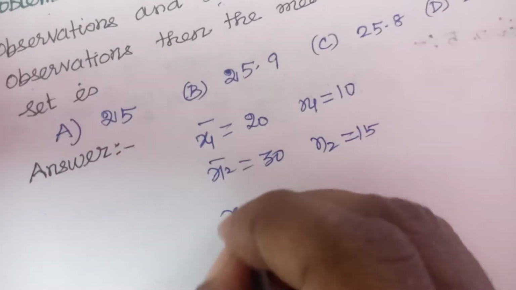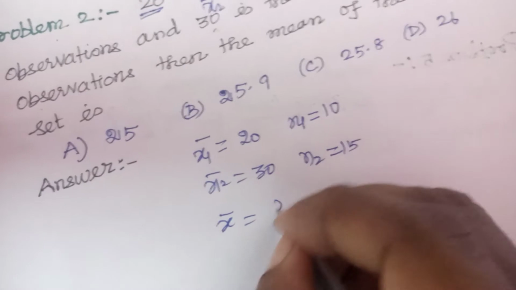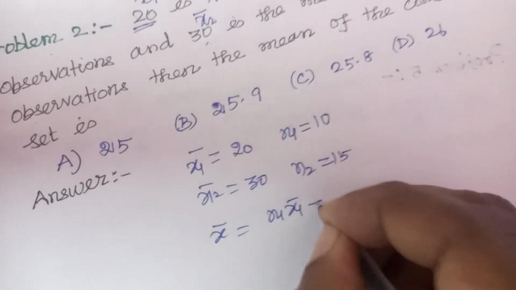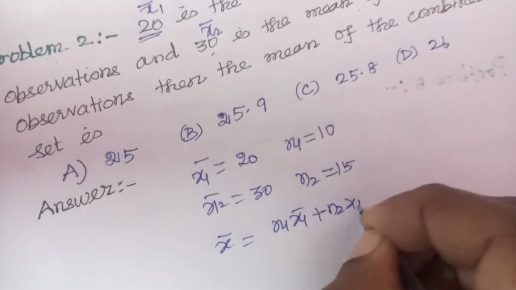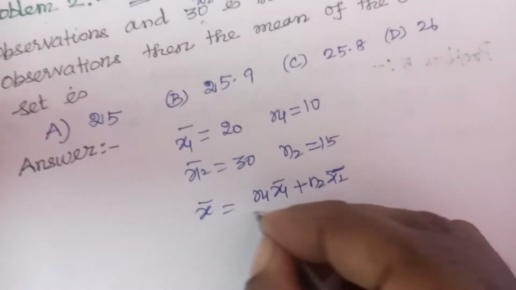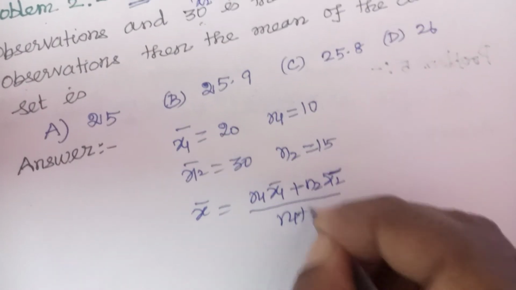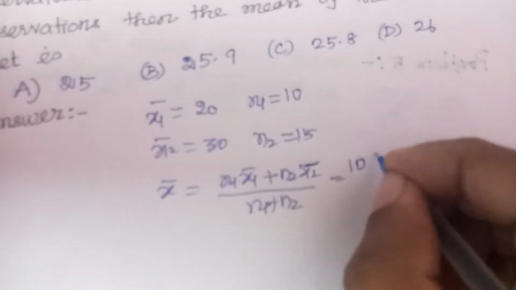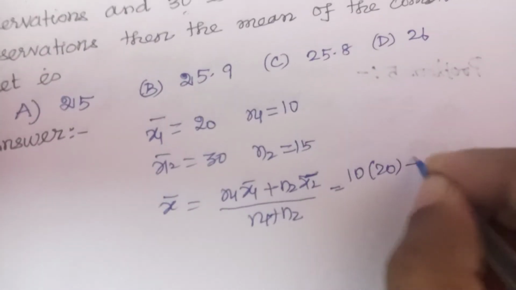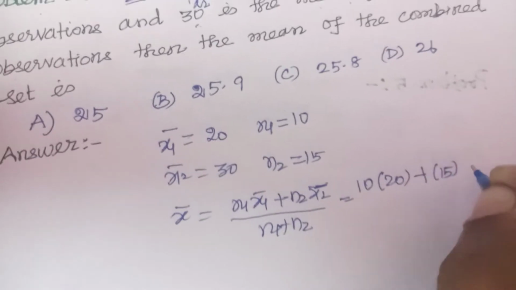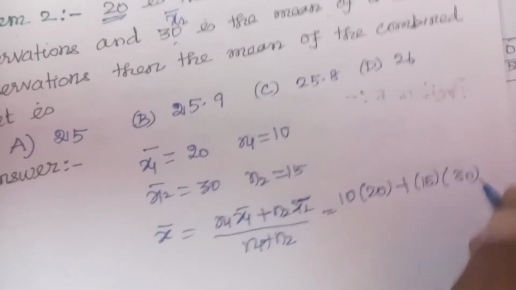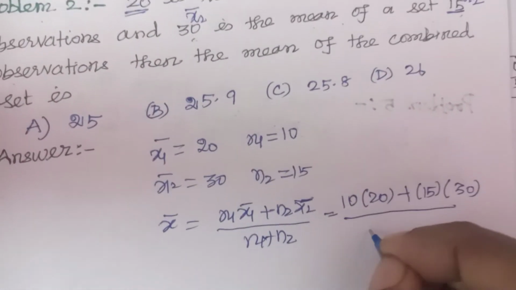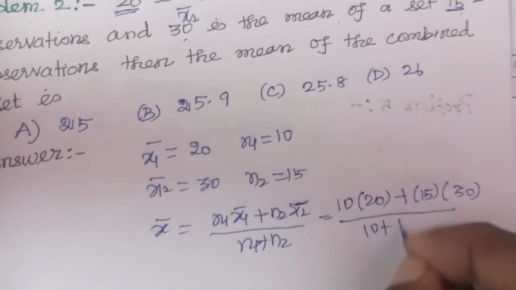Now we know the combined mean formula: x bar is equal to n1 into x1 bar plus n2 into x2 bar divided by n1 plus n2. Now substitute n1 is 10 into 20 plus n2 into 15 into 30, divided by n1 plus n2, that is 10 plus 15.